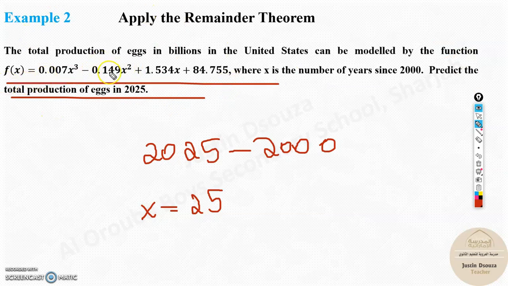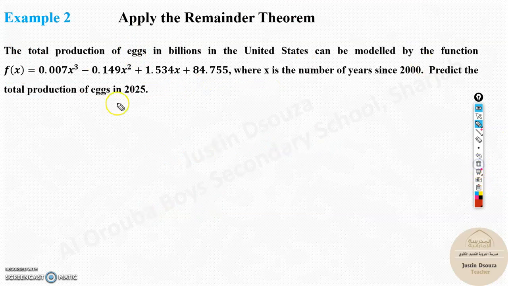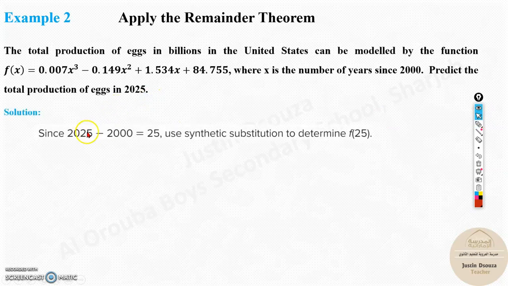It's not going to predict anything before 2000. So here this is important. Since they ask you 2025, you need to subtract 2000 and you'll get 25. That is f of 25.